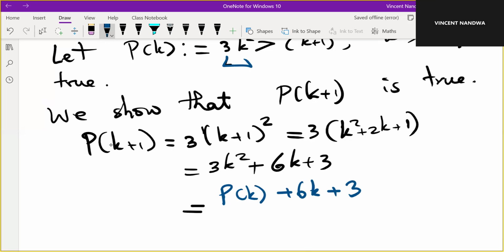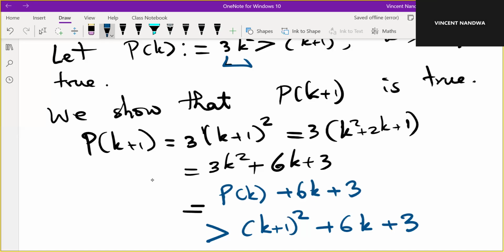But you see, this expression will be greater than k plus 1 squared plus 6k plus 3. Why do you think that is the argument?